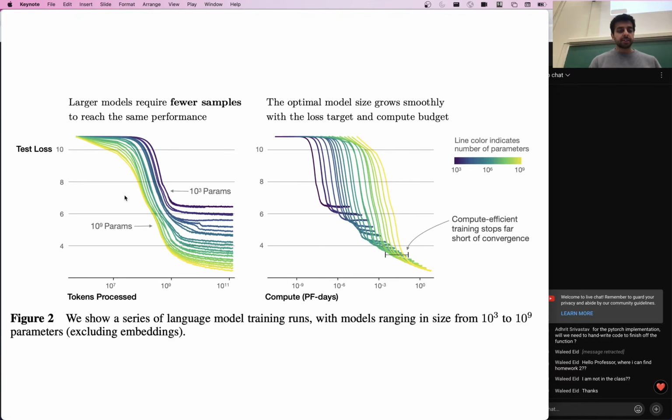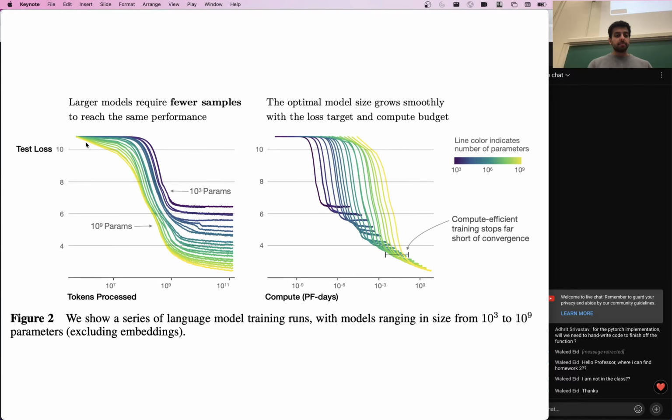And then we can also look at, let's take a specific loss threshold, let's say 8 here. How long does it take? Like how many data points does it take for a small model to reach this target threshold versus a large model? So if we look here, it looks like our tiny model reaches this threshold around 10 to the 9th tokens if our target threshold is 8.